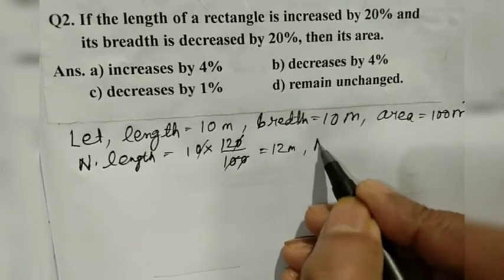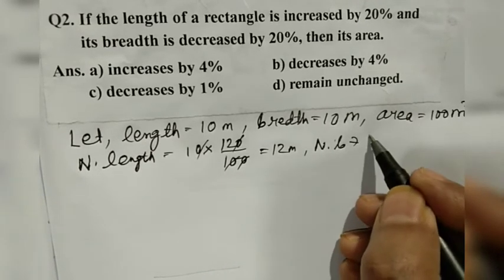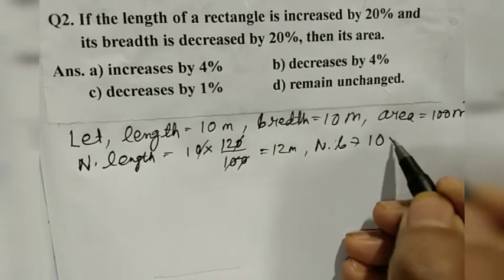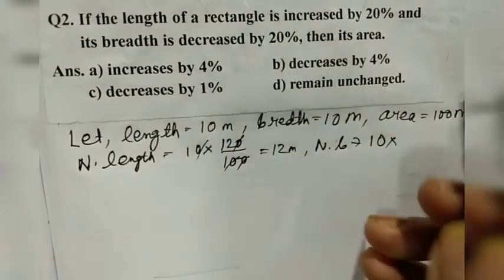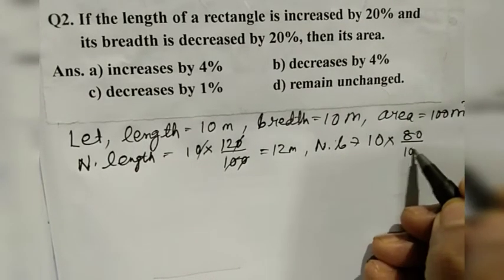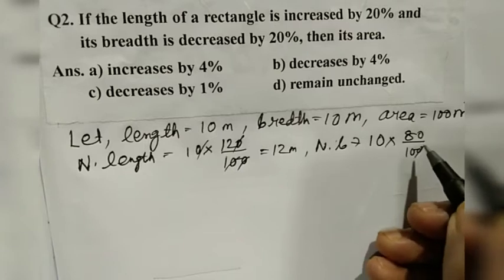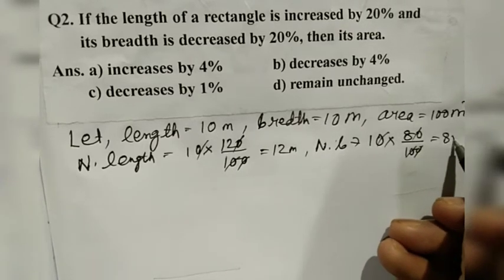New breadth, 10 into decreased by 20%, 80 by 100, that is 8 meter.